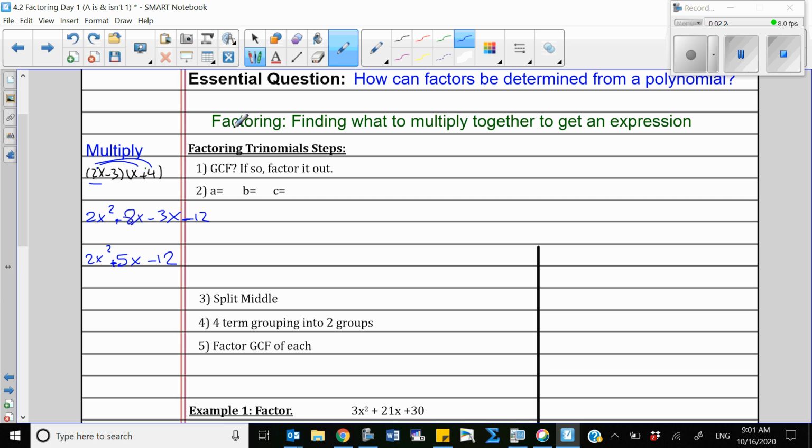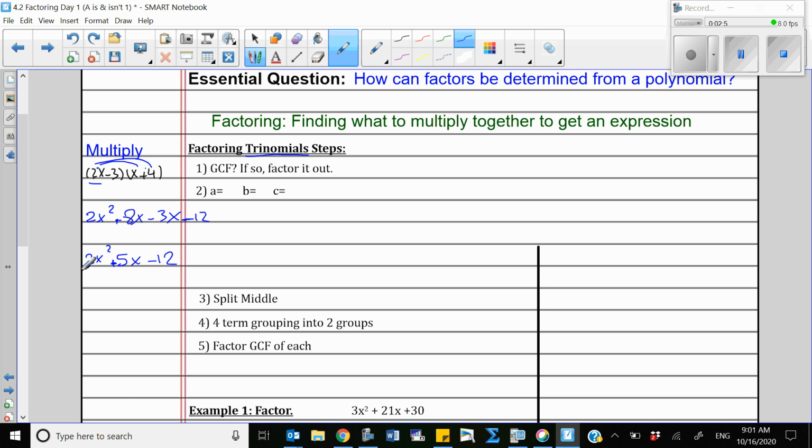So we're going to learn how to factor trinomials basically here in this lesson. We're focusing on trinomials, the algebraic expressions that have three terms. The first step is to find a GCF. Do we have any GCF or not? Let's see. We have 2x squared, 5x, and negative 12. Well, do we have any common factor between these three?